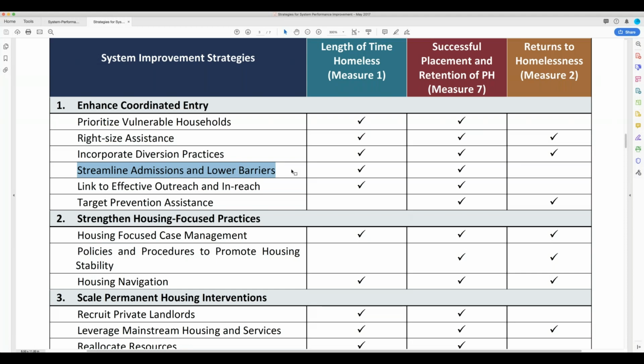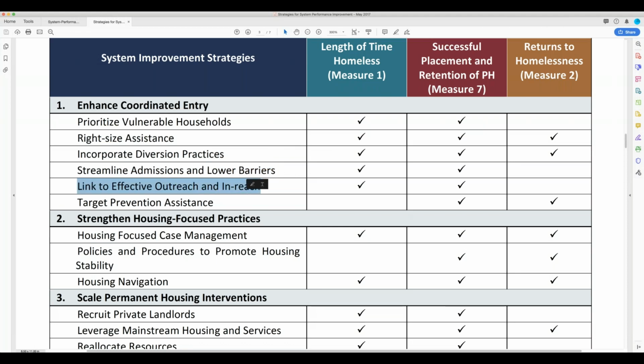It impacts how long someone's going to be homeless. It may also impact their successful placement. If there are no programs that can serve people who have a particular criminal background, they're going to stay homeless. So how do we lower barriers, and how does that have an impact?